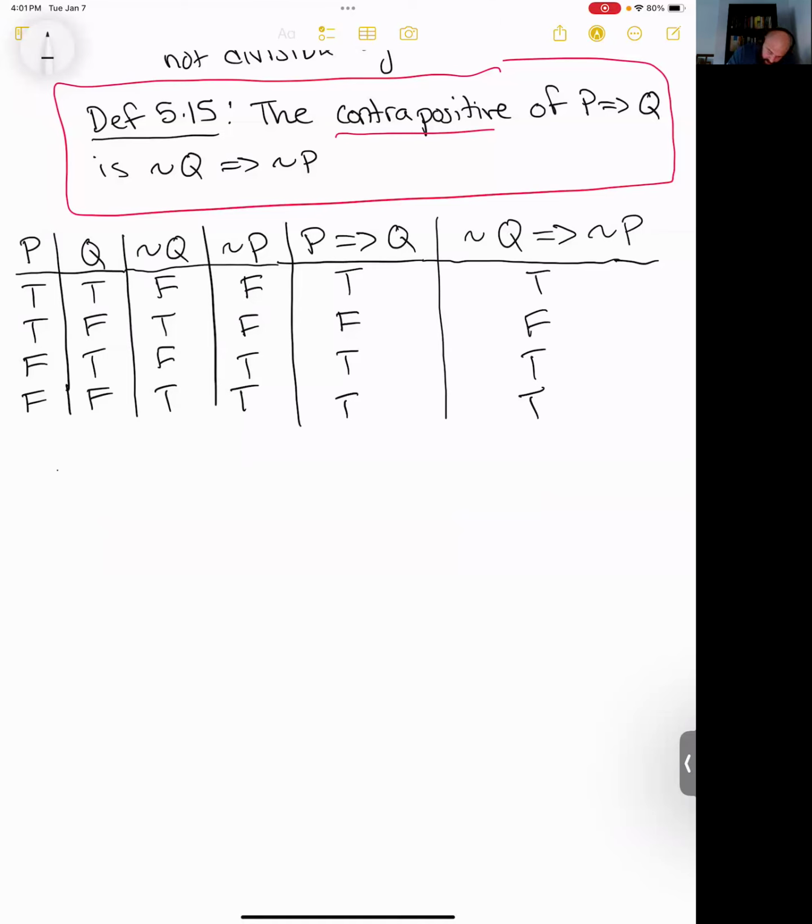And this is an important fact of logic. And so I'll write it as a theorem. I'll just write it as the following. So P implies Q is equivalent to not Q implies not P, logically equivalent.